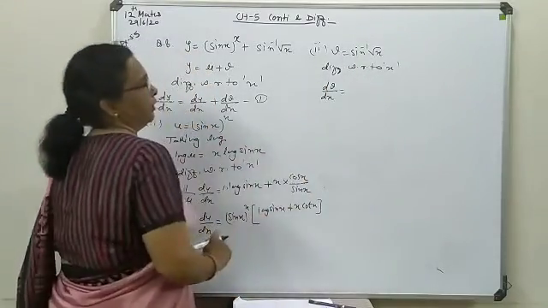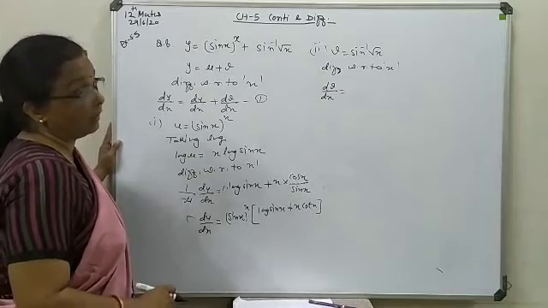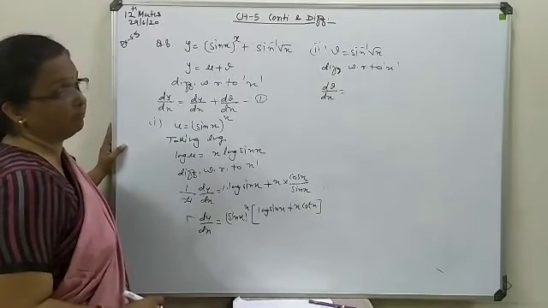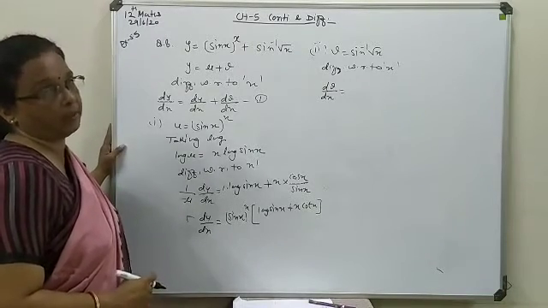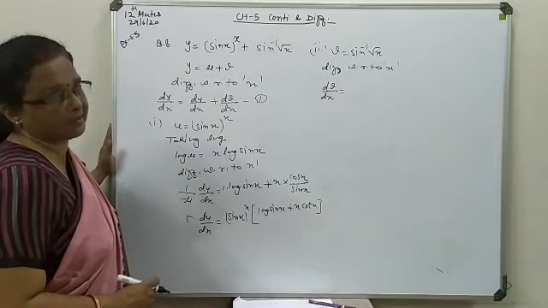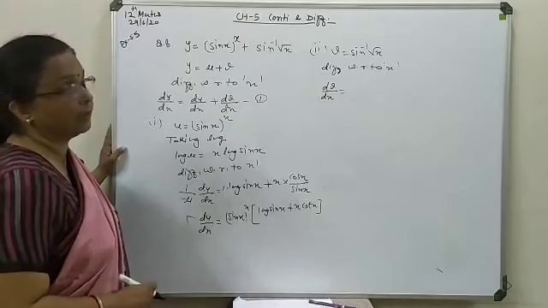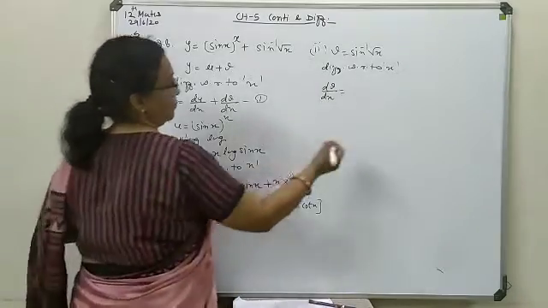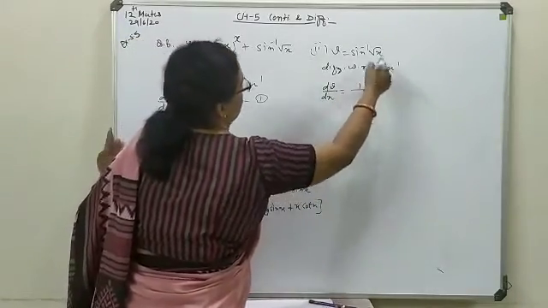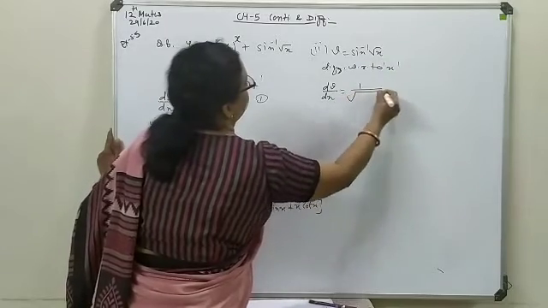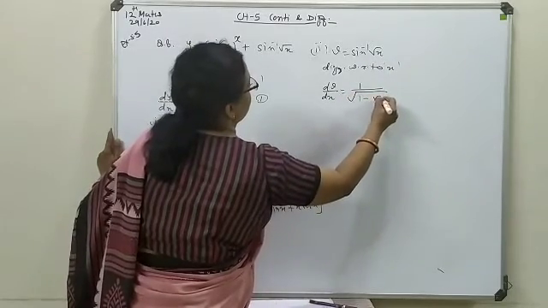First of all you write the derivative of sin inverse x form. So sin inverse x form we have written, differentiation is 1 upon under root 1 minus x square. Here in place of x in our question under root x is available. So here derivative of sin inverse under root x will be 1 upon under root 1 minus x square.